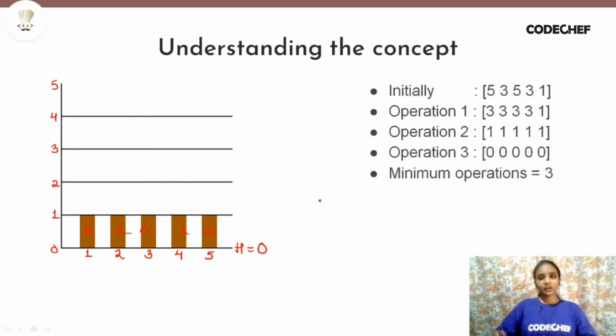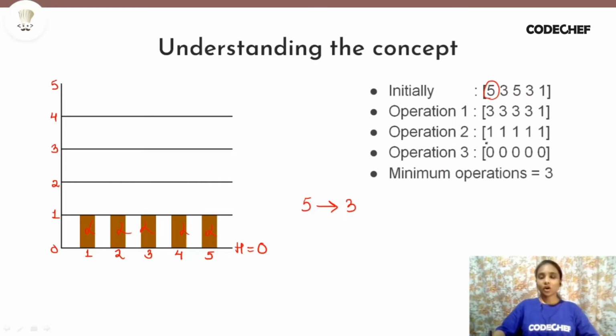So now what we can observe from the entire explanation of this test case is that initially we targeted the stick with highest height, that is 5, and we reduced the stick with highest height to the second highest height. We reduced sticks with height 5 to 3.